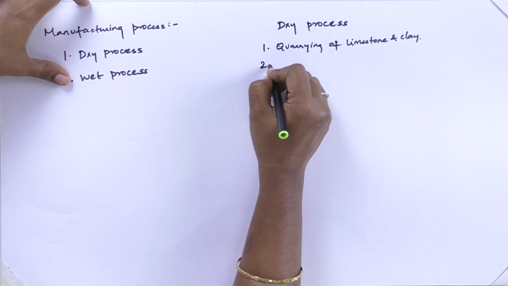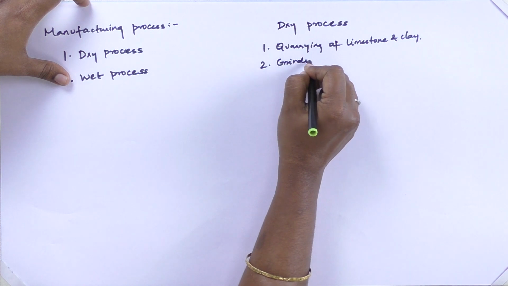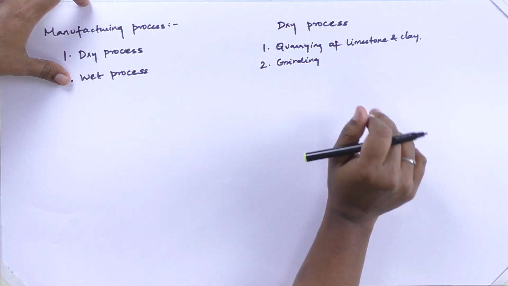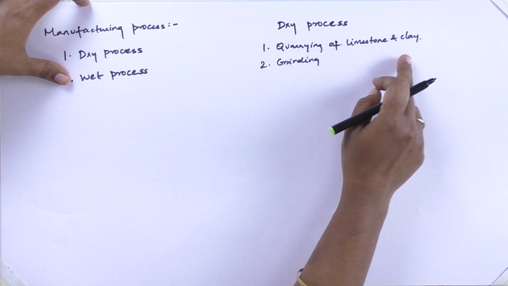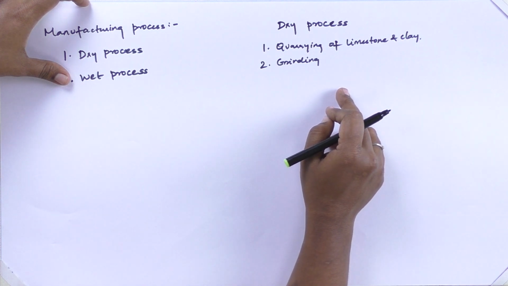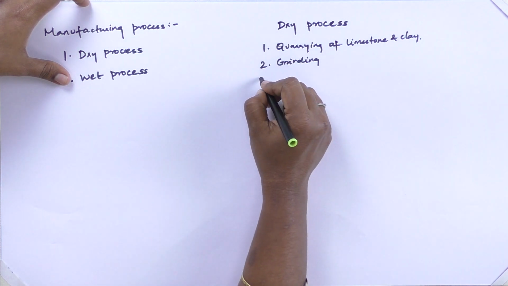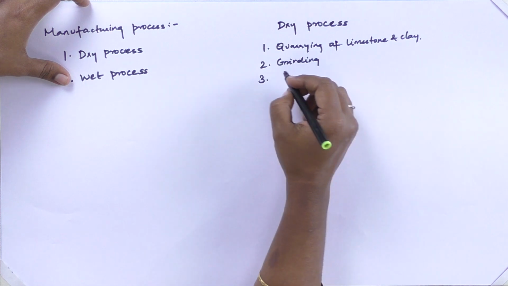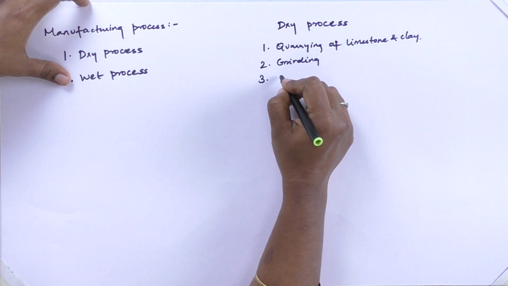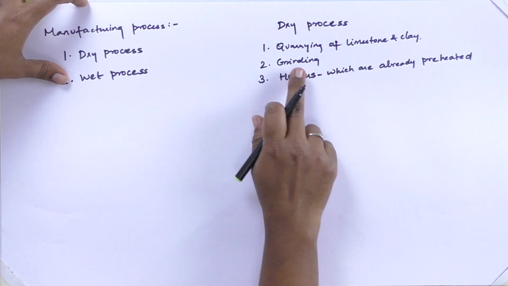The second process is grinding. The quarried materials are ground to fine size, and after the grinding process they are passed into the hoppers.